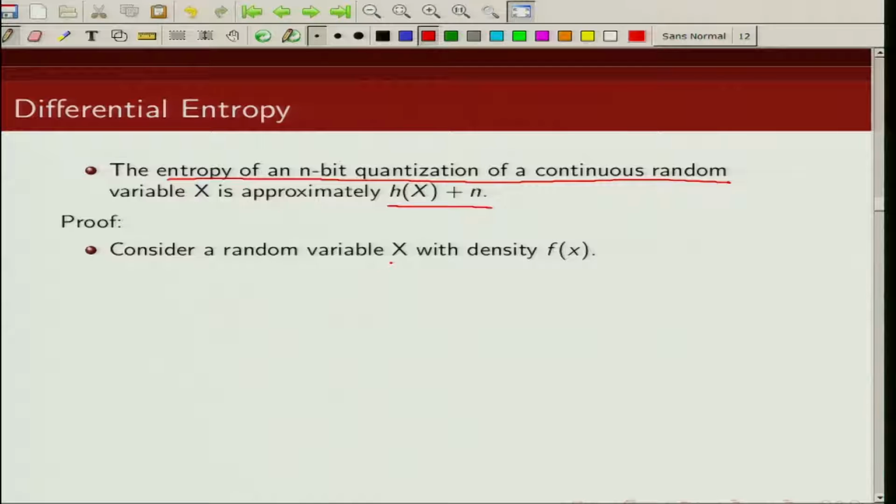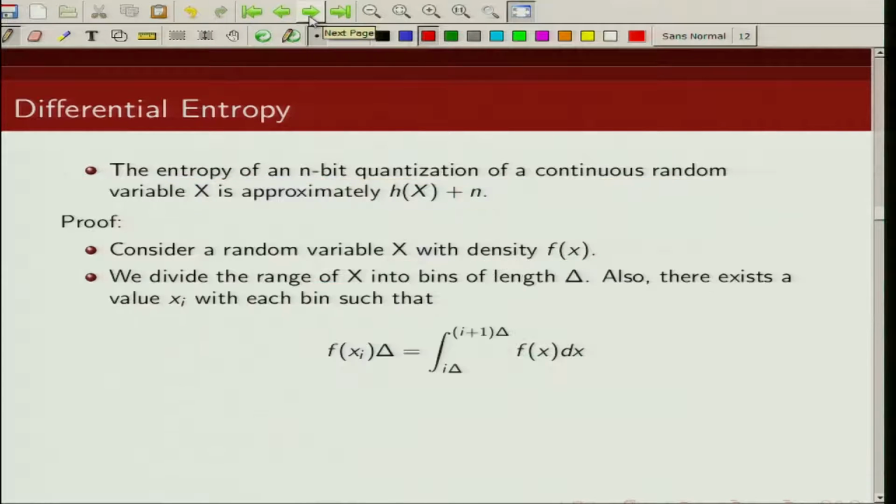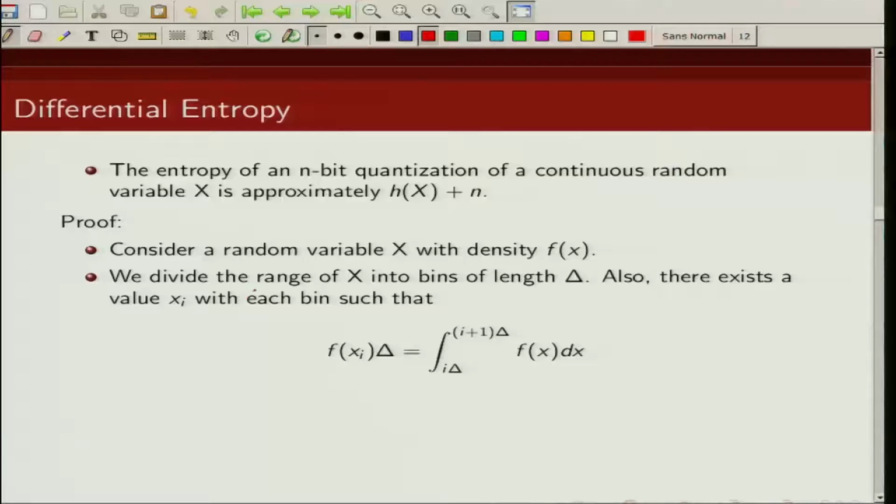So let us consider a random variable x whose density function is given by f of x. As we said, we want to compare the entropy of the continuous random variable with the discretized version of it. So we divide the range of x into bins of length delta, and from the mean value theorem we know that there exists an xi such that f of xi times delta is equal to this.